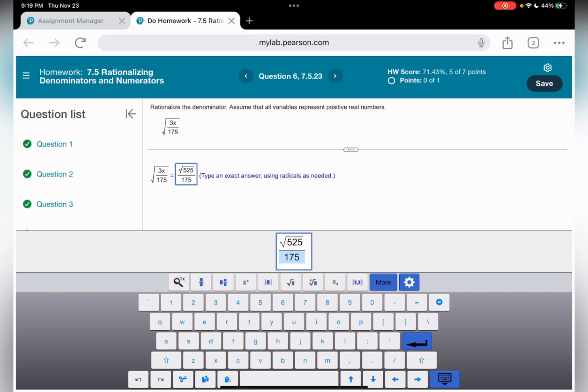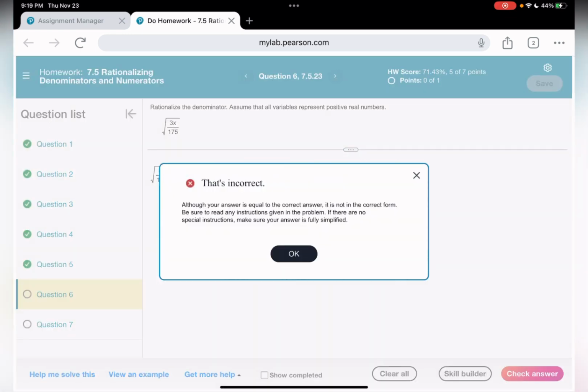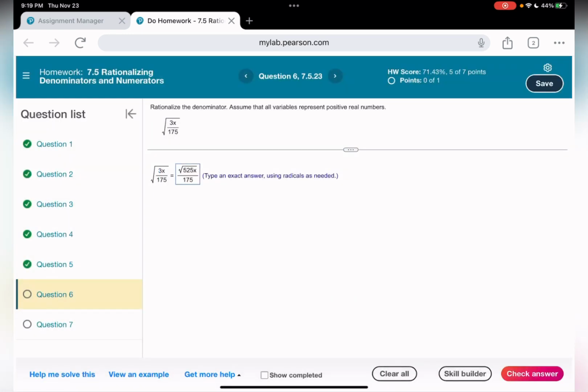Okay, there is an x. I got it wrong anyway.